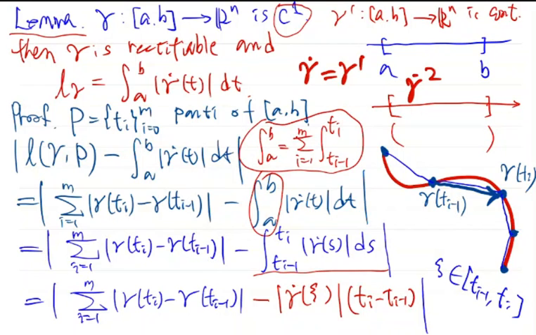But for every i, the c might be different, so we had better denote it by c_i. So to continue our argument, we estimate the i-th term of this summation. We estimate this on the next page.